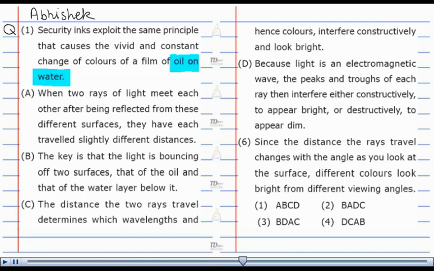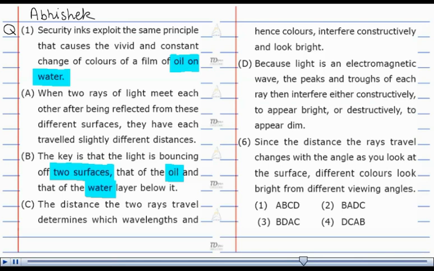Now, reading statement B, the key is that the light is bouncing off two surfaces, that of the oil and that of the water layer below it. These two surfaces, oil and water, have been mentioned in statement 1. Therefore, 1B is the appropriate link.